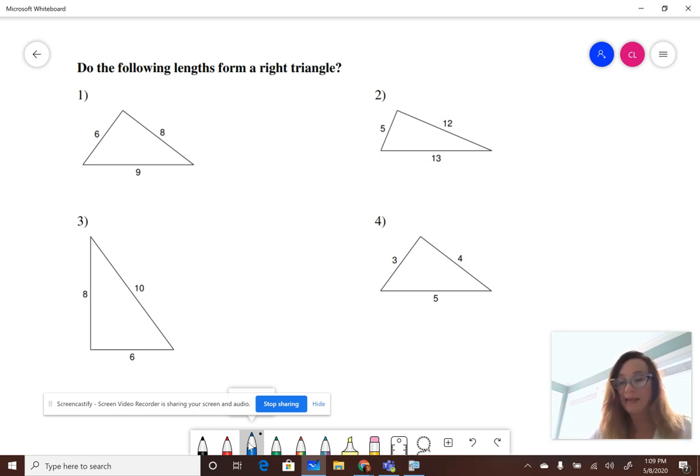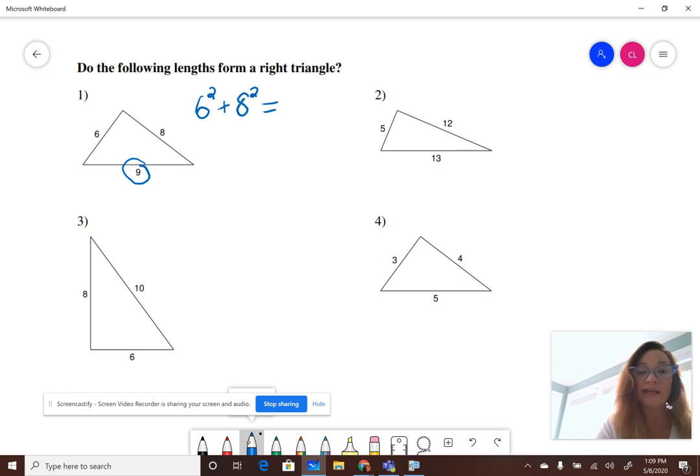By definition, the hypotenuse has to be the longest side. So we're going to take the 9 as the hypotenuse because 6 and 8 are both smaller than 9. Now I'm testing to see if this is true. Is 6 squared plus 8 squared equal to 9 squared? This is really a question mark at this point, because that's what I'm trying to prove.